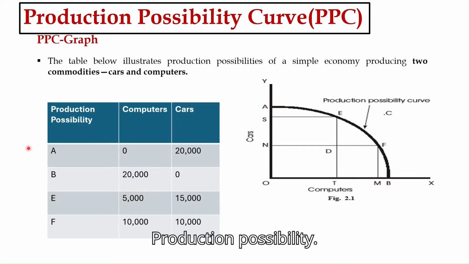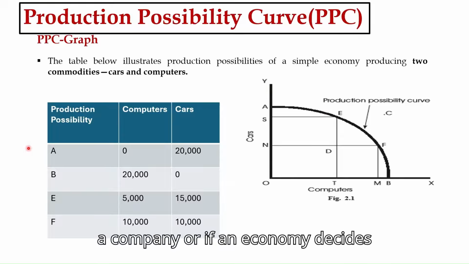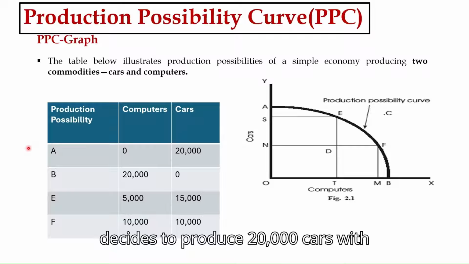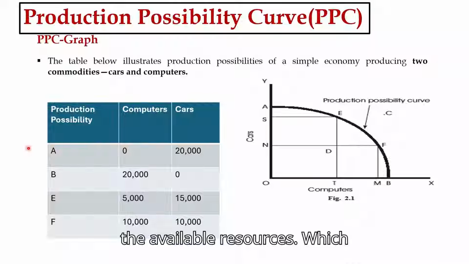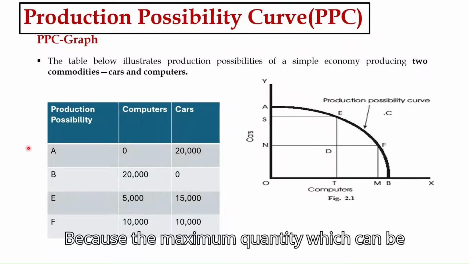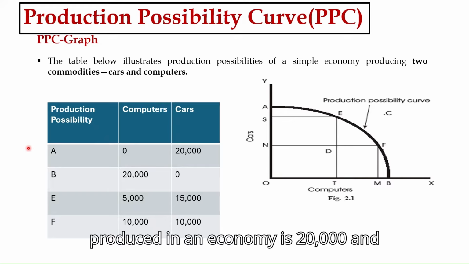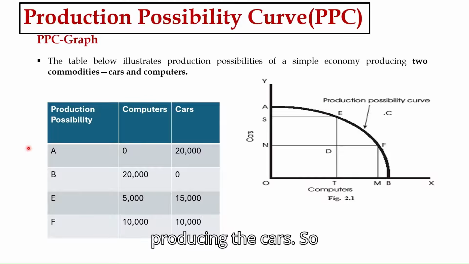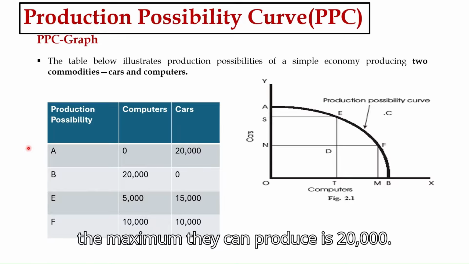Now in the first production possibility combination, if an economy decides to produce 20,000 cars with the available resources, it cannot produce computers, because the maximum quantity which can be produced in the economy is 20,000, and the entire resources are being used for producing cars.